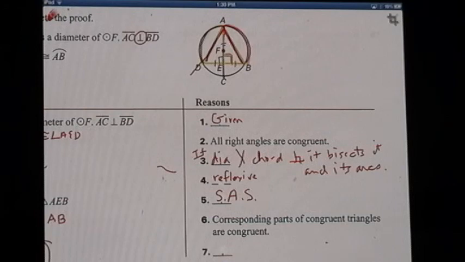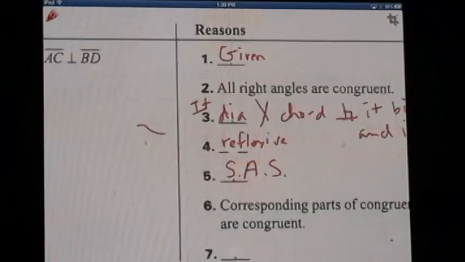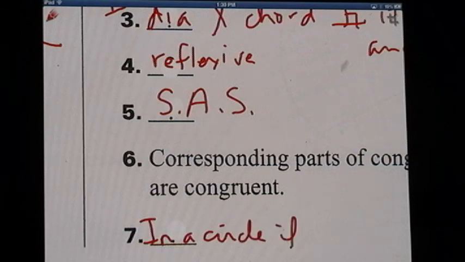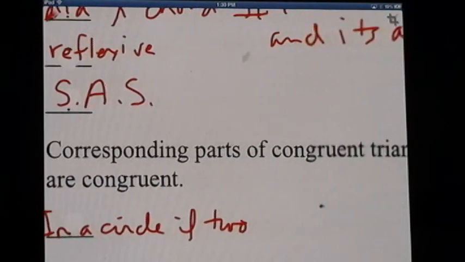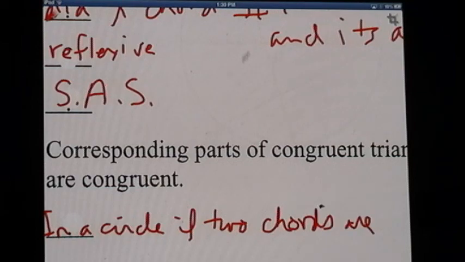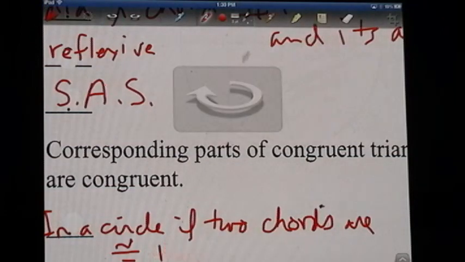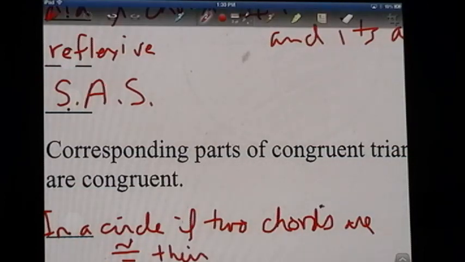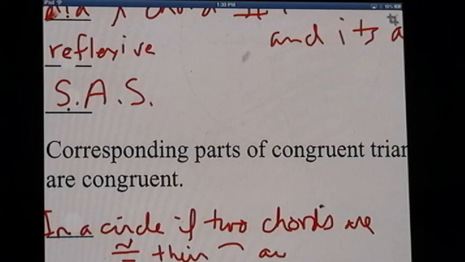And then AD is congruent to AB because in circles with the same radius or in the same circle, if two chords are congruent, then their corresponding arcs are congruent. In a circle, if two chords are congruent, their T-H-E-I-R, I can spell even in math class, their arcs are congruent.